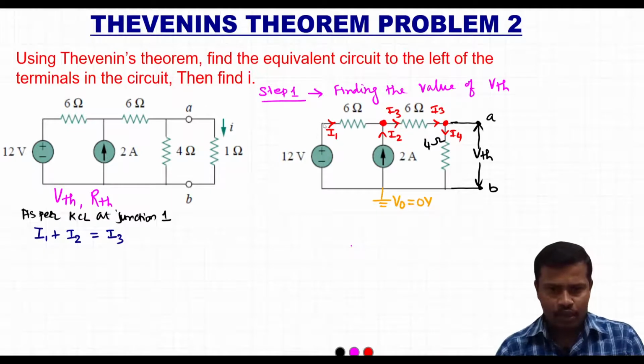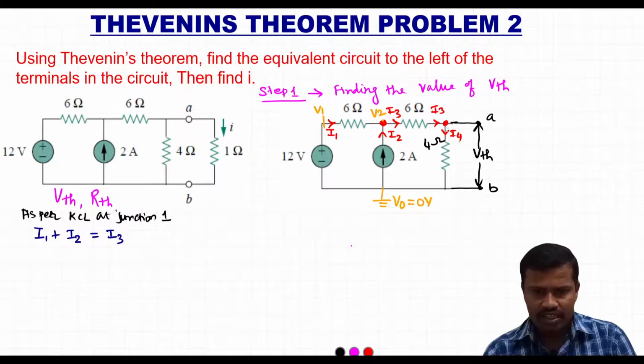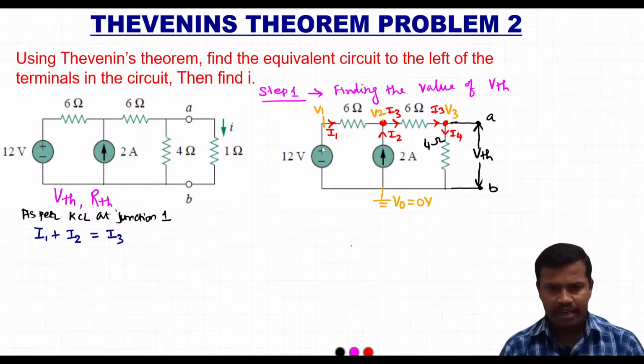Now this is node 1 and the voltage at this node is V1, this is node 2 with voltage V2, and this is node 3 with voltage V3. Now we are going to apply the nodal analysis to find out the values of currents I1 and I3.